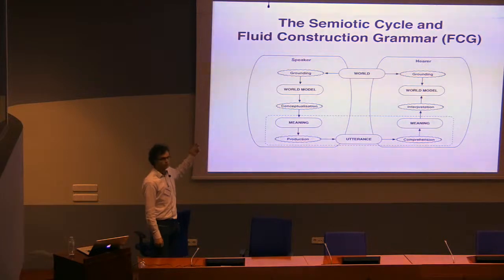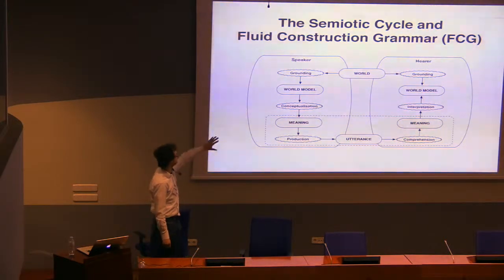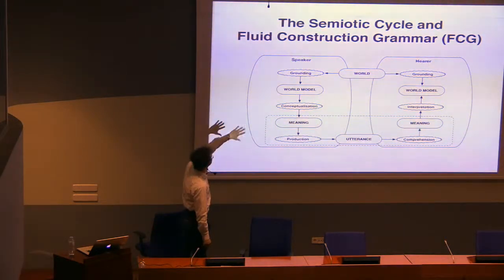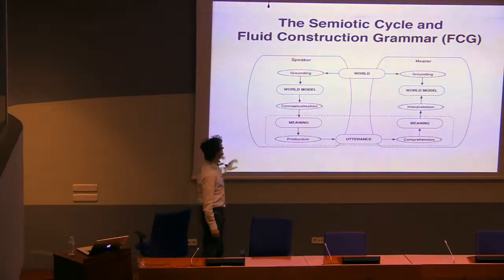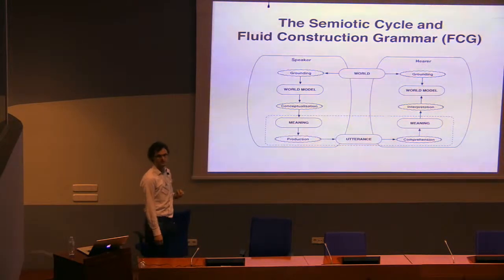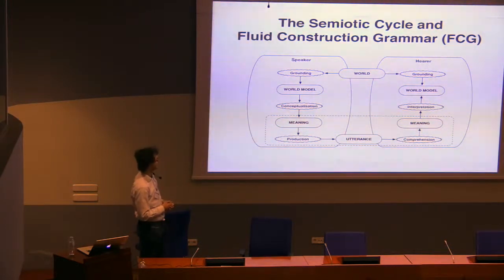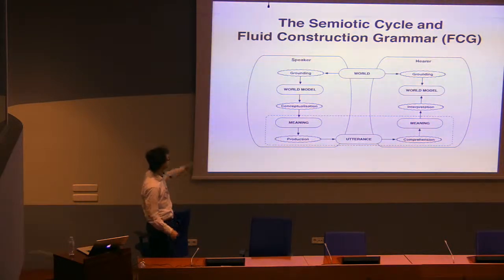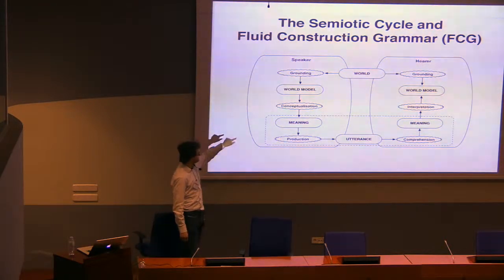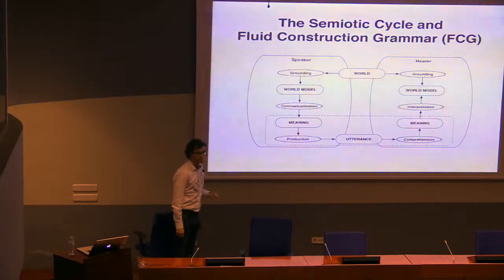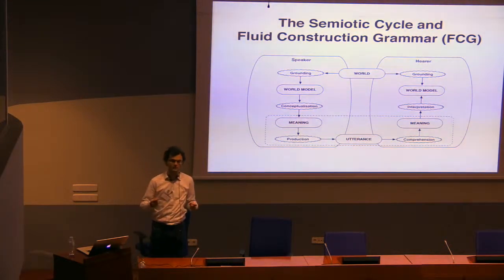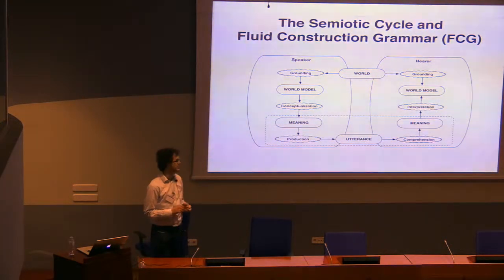Then from this world model, there is a conceptualization process. On the left, you see the speaker, by the way. So there is a conceptualization process in the speaker, determining what needs to be said or what he wants to express. It's coming up with a meaning to formulate. Once he has this meaning, there is a production or formulation process to come up with an utterance to convey this meaning to the other agent.